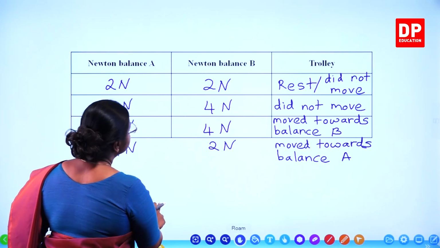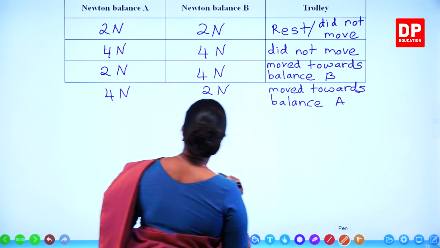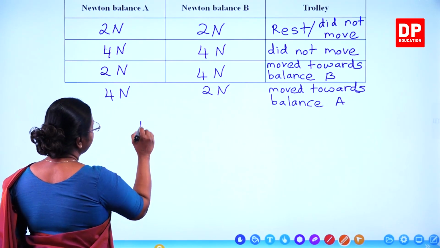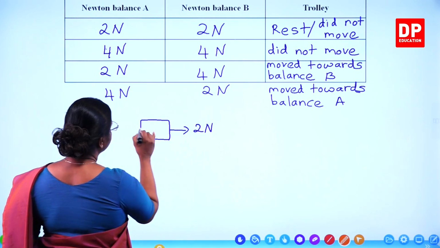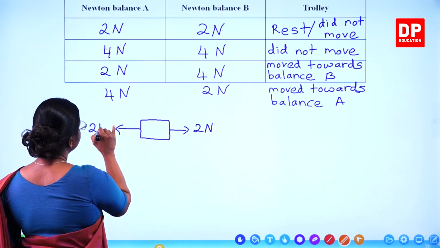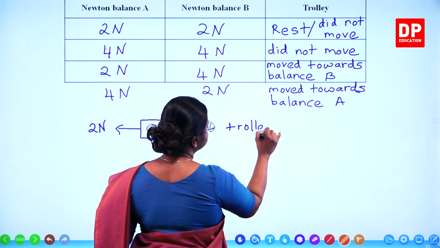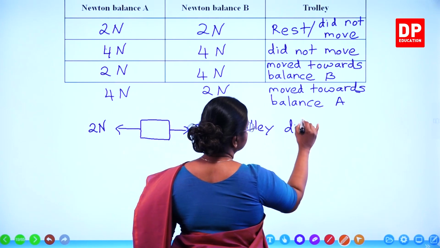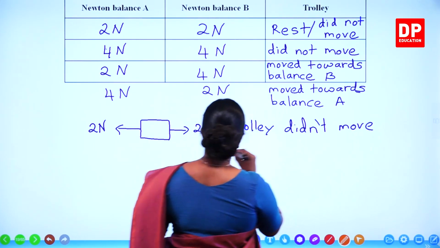So if we consider the first instance, now we had the trolley, 2 Newton this way, 2 Newton this way. Trolley didn't move.